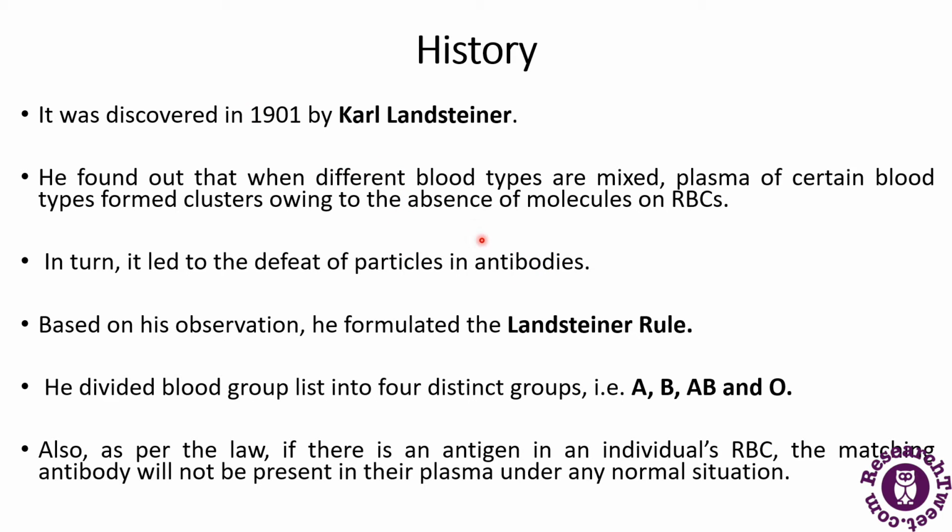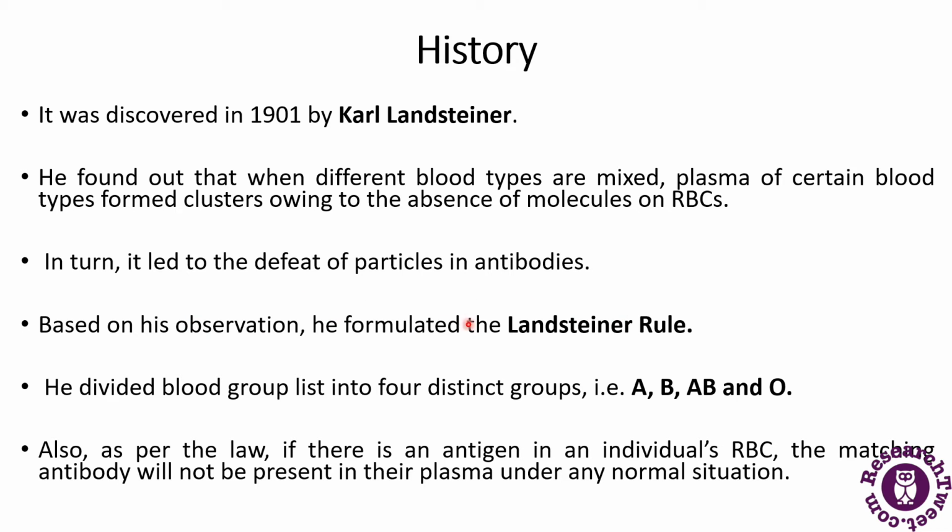In his experiments, he mixed different blood types and noted that the plasma from certain blood types formed clusters, caused by the absence of molecules on the red blood cells and resulting in antibodies against that molecule. He made a note of this agglutination and divided the blood types into 4 different groups. For the discovery of the ABO blood group, he was awarded the Nobel Prize.